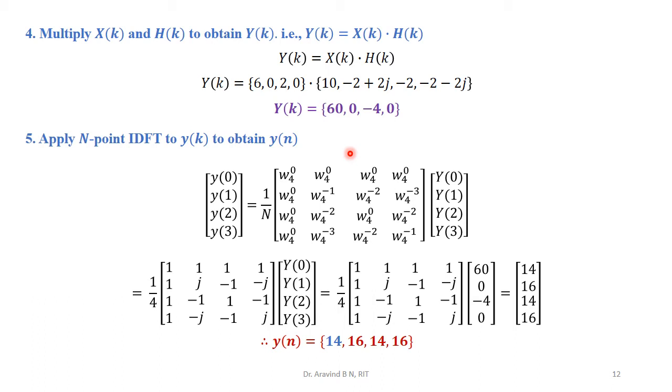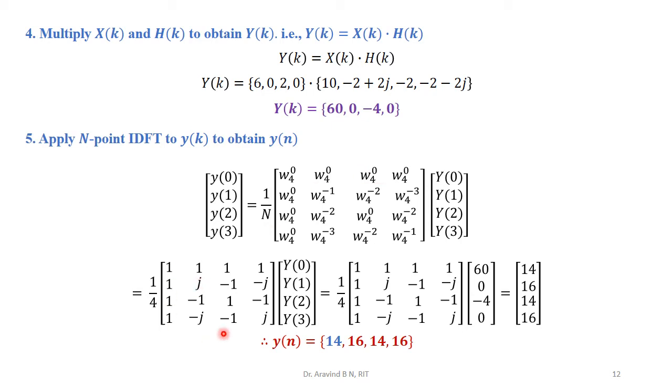See, if the sequence length is given as 4, then it is quite easy for us to make use of the matrix relation of the DFT and the IDFT and calculate in a very straightforward manner. But if the sequence length is other than 4, for example 3 or 5, it is not good to make use of the matrix relation, since we are going to get complex values for the twiddle factor representation.